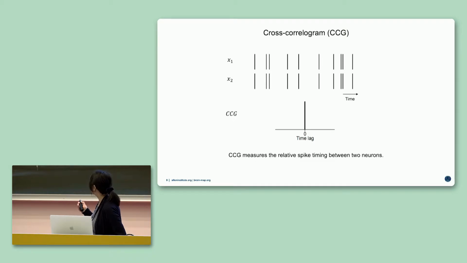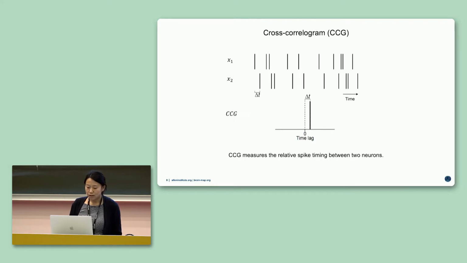To give you an intuitive understanding of what this metric means, if you have 2 spike trains, X1 and X2, where X1 is from the reference or source neuron and X2 is the target neuron, and they have the exact same spike times, you will get a CCG with a peak at 0 time lag. If the X2 spikes are consistently later than spikes in X1, you will get a peak at a positive time lag.